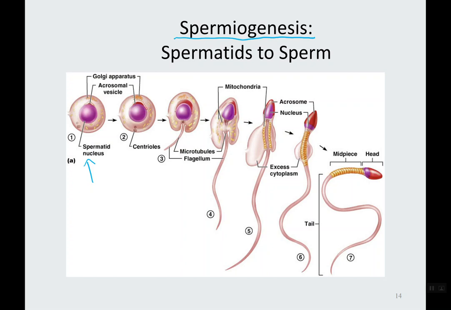And that's going to become more conical along with the nucleus. The flagellum will begin to grow, and the microtubule rotor shaft will form. Mitochondria are going to arrange themselves around the midpiece, which is the area that twirls the flagellum, and then the mature product has a head, a midpiece, and a tail.